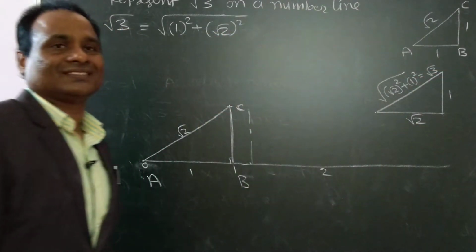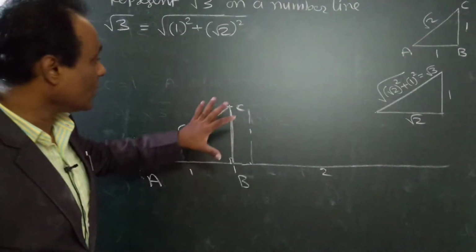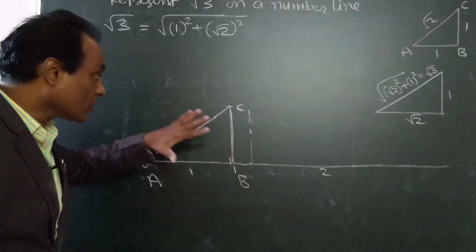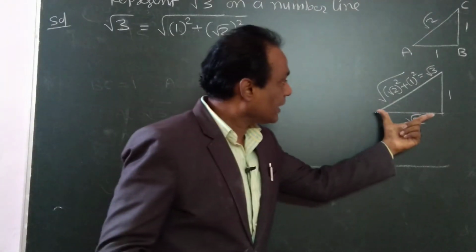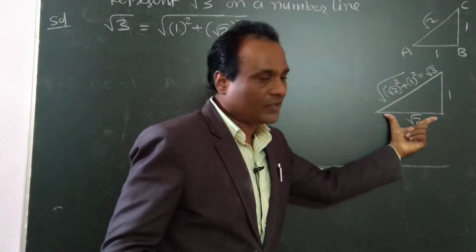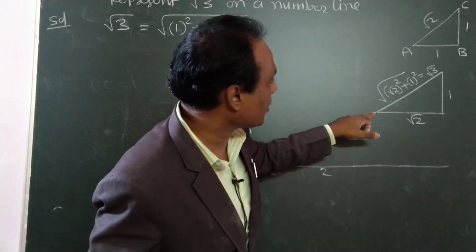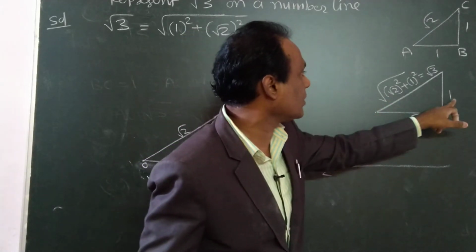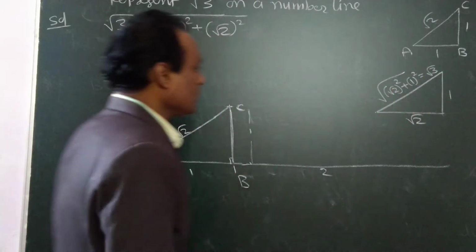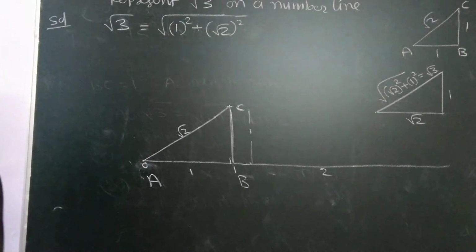That is our answer. So we have to construct another triangle taking one side as root 2, another side as 1. Then the hypotenuse will become root 3. So I am drawing another triangle here.